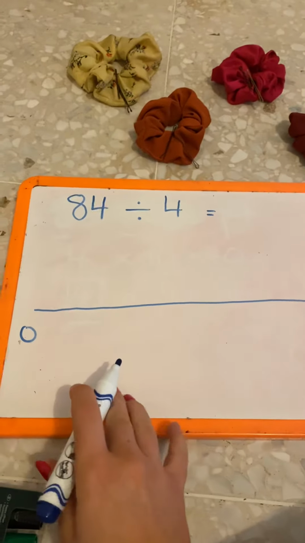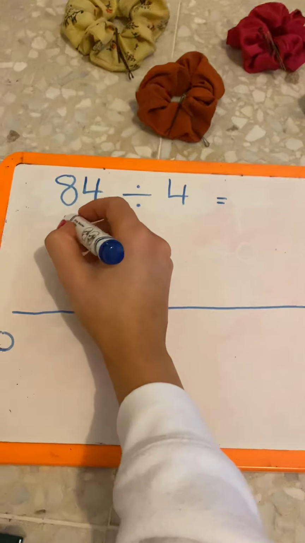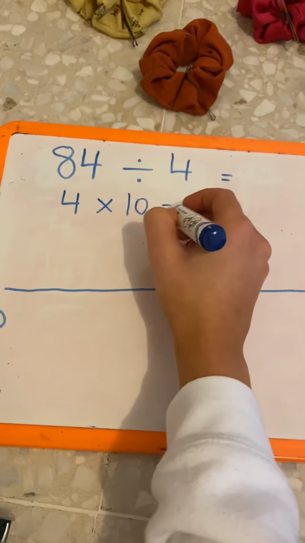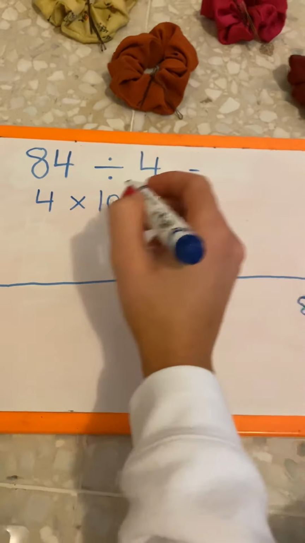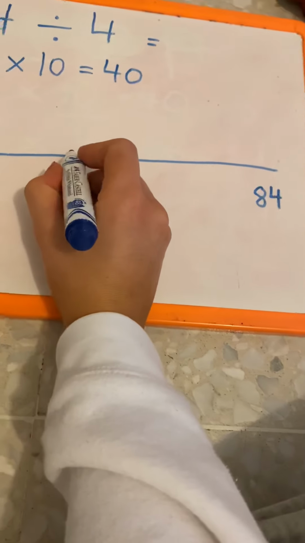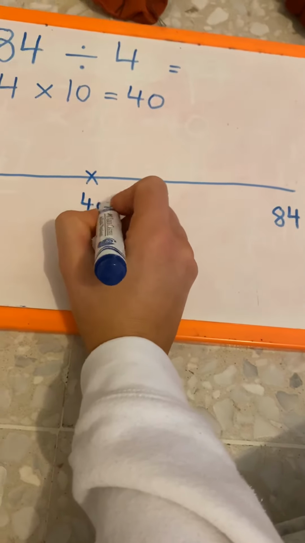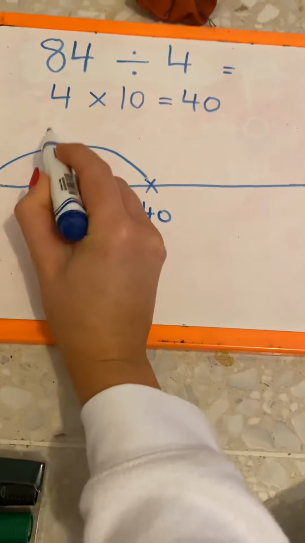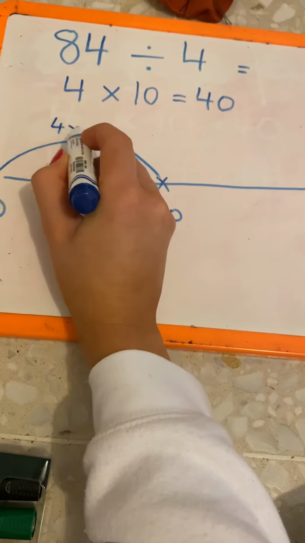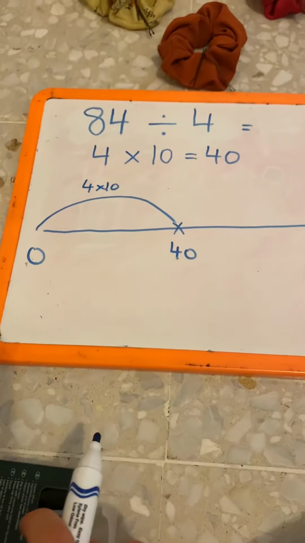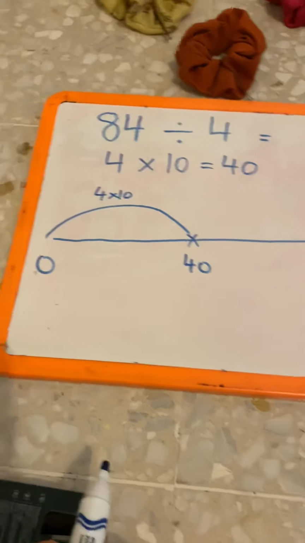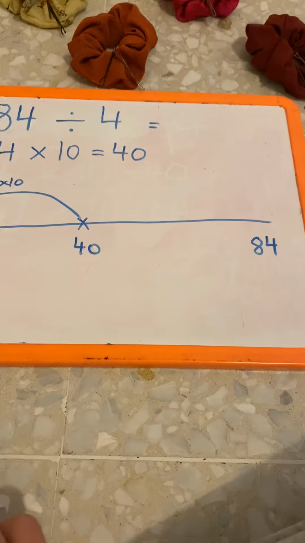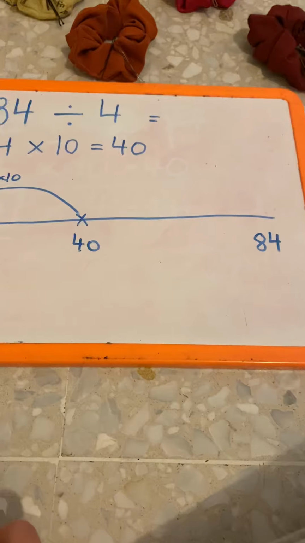Okay, we know 4 times 10 equals 40. So we could mark our 40 here. And we could say, we know that this is 4 times 10. Now, how many more steps do we need to take to get from 40 to 84?